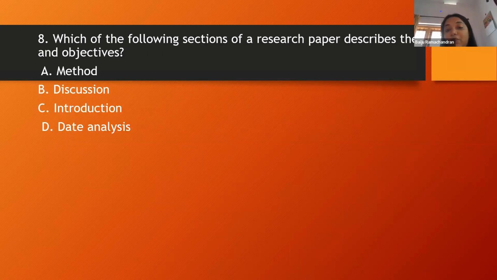Which of the following sections of a research paper describes the aims and the objective? There are many sections in a research paper. There will be introduction, discussions, methods, data analysis, reports. Okay, everything will be there. In which section does it describe aims and objective, is the question.